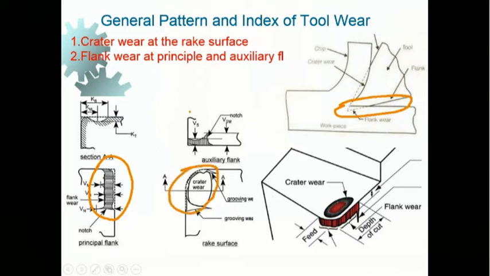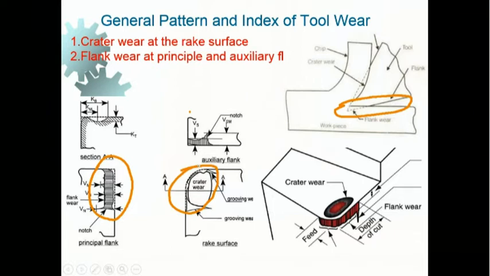So in short, basically there are two types of wear: one is crater wear, another is flank wear. Crater wear and flank wear both occur by mechanical abrasion action, but crater wear occurs on the rake surface, whereas flank wear occurs on the flank surface.